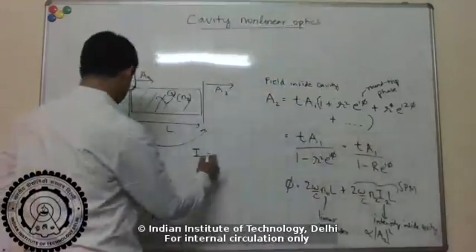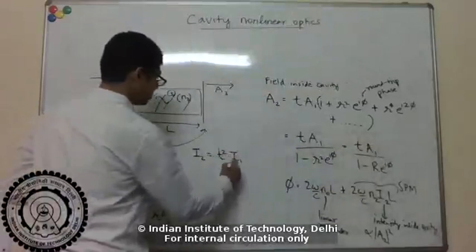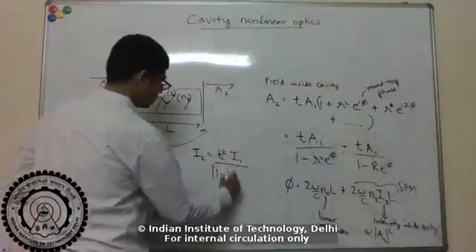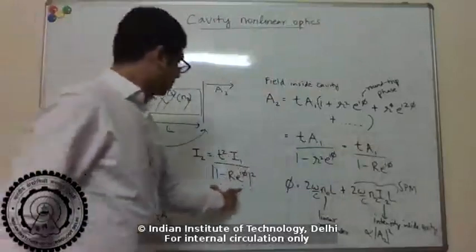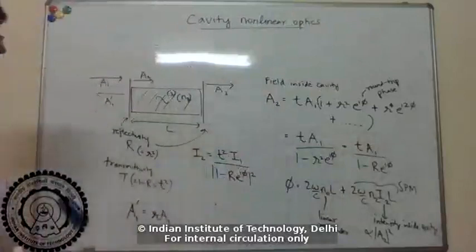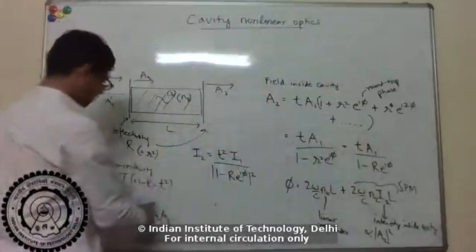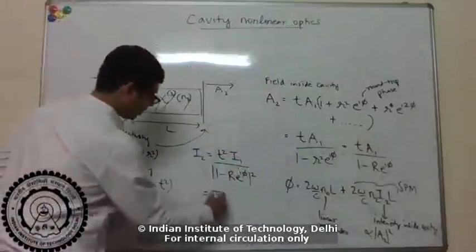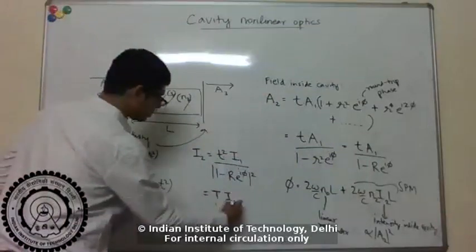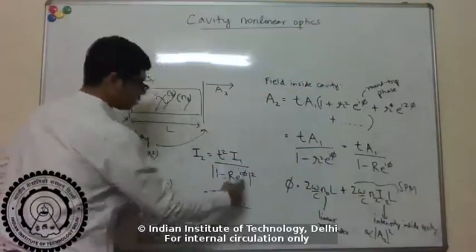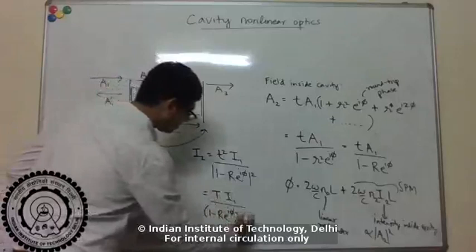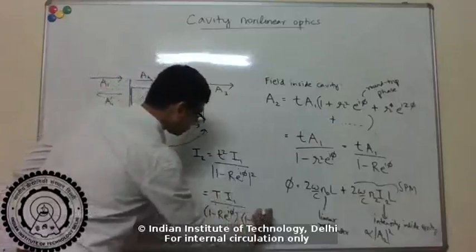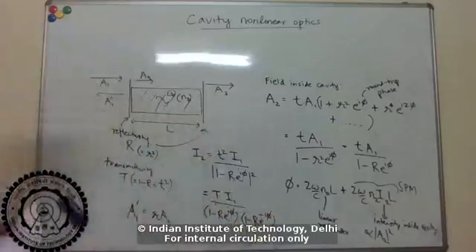And I can just write I2 as T square I1 times the modulus of this denominator here. Then T square is just the power transmittivity T. And the mod square of this is a complex number multiplied by its conjugate.